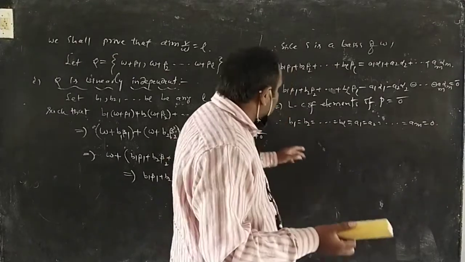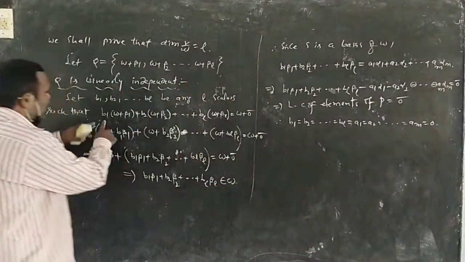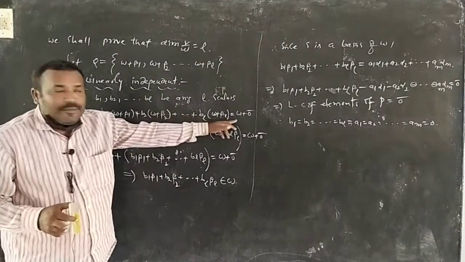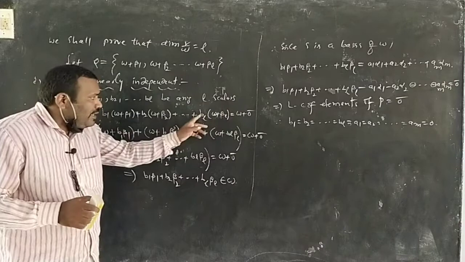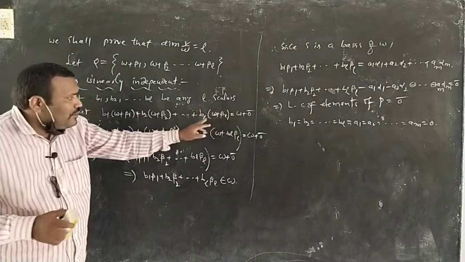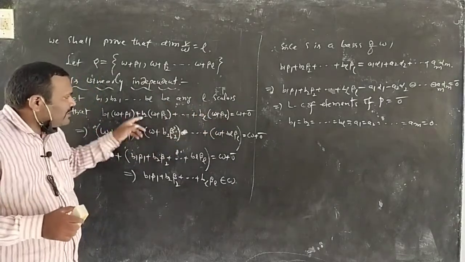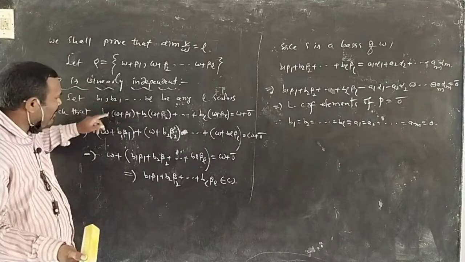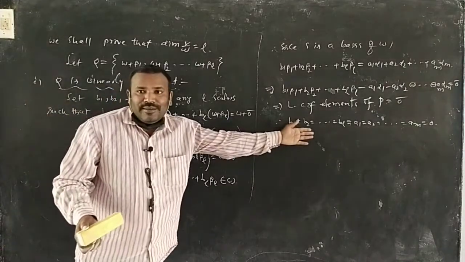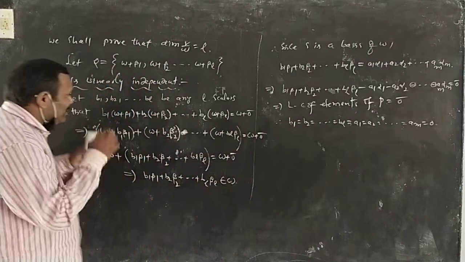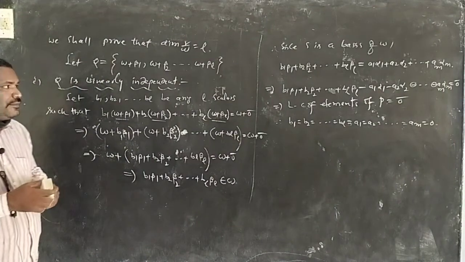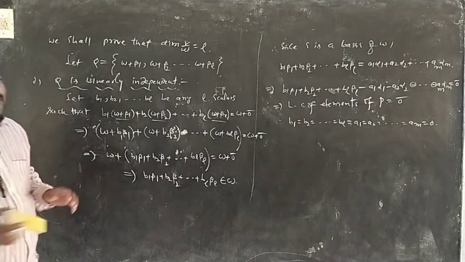Okay? So first we have started with this linear combination. In the end, we have shown all scalars involved in this linear combination are 0. All B's are 0, we said. All B's are 0. That means the set formed by these quotients is what? Linearly independent.